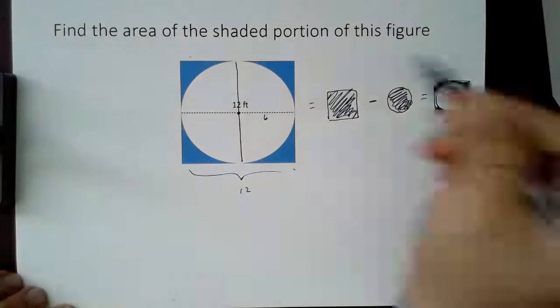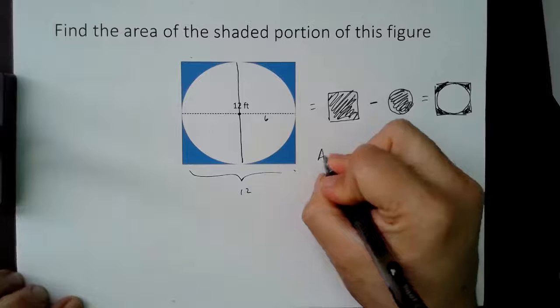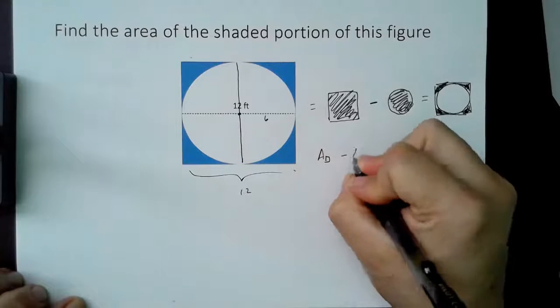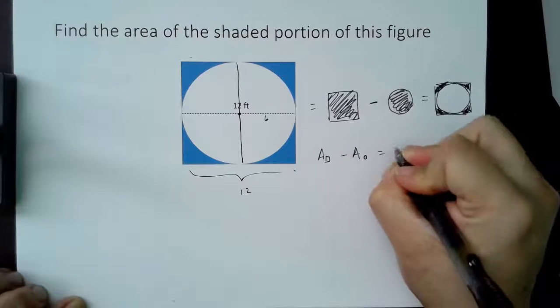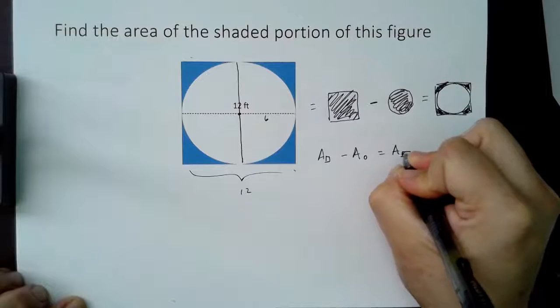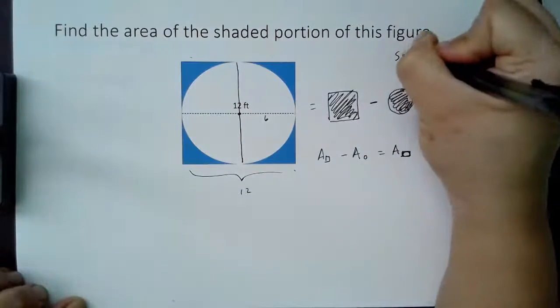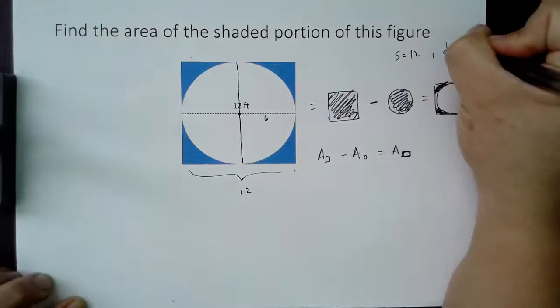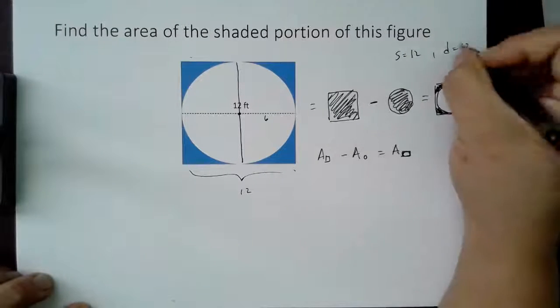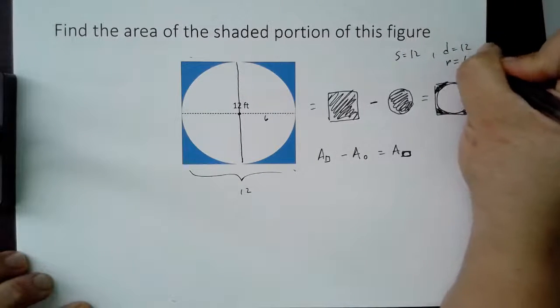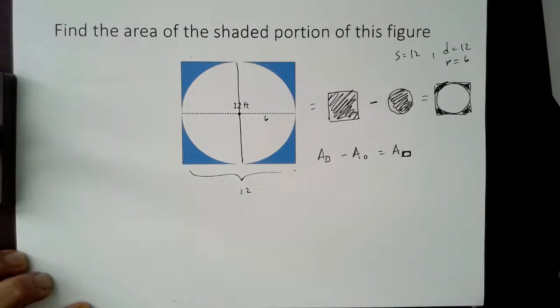Okay, so that's kind of the idea. So the area of the square minus the area of the circle will give us the area of that weird thing. Okay, so that's going to be, the side is 12, but also the diameter is 12.